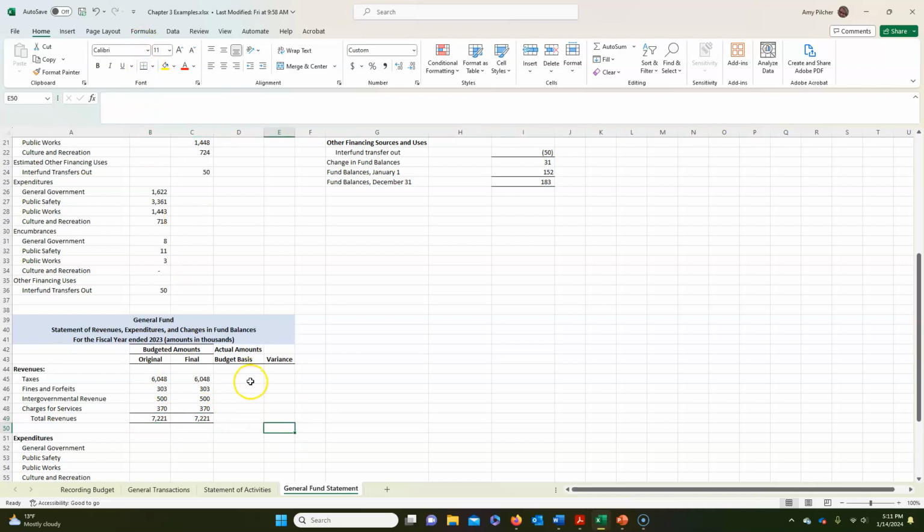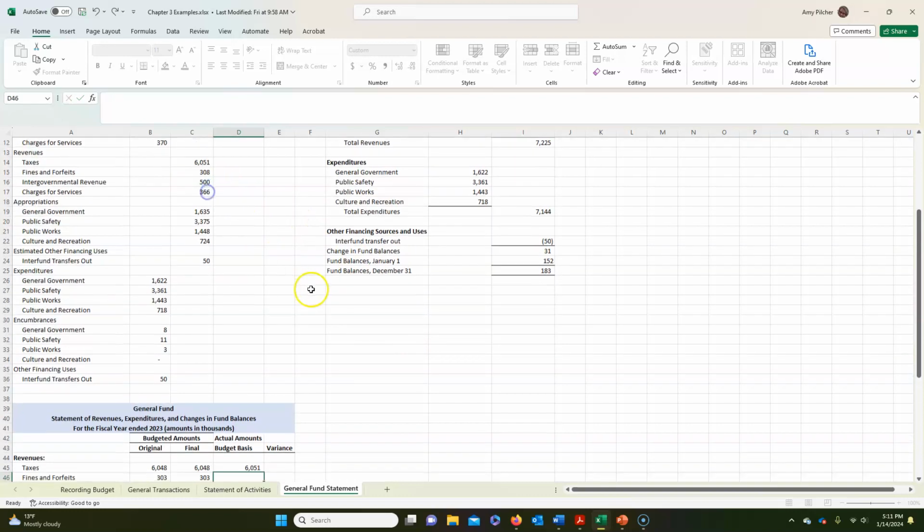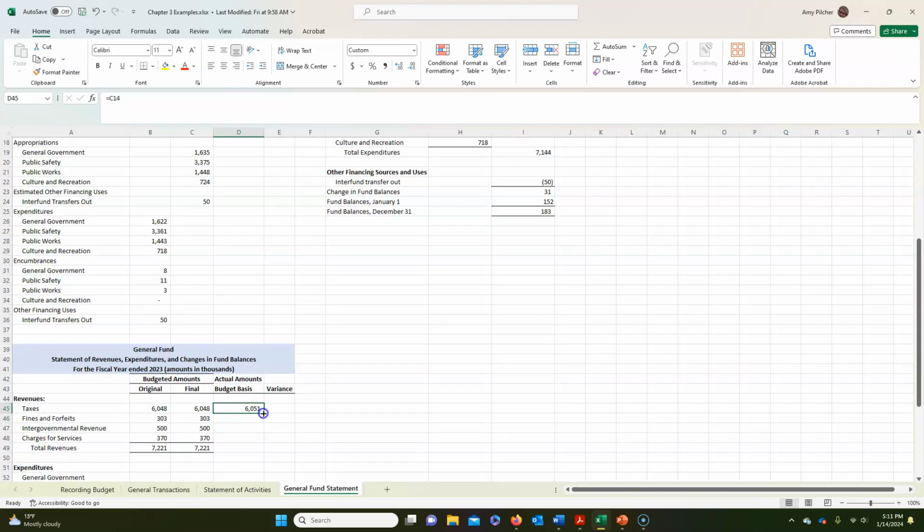Then we're going to look at what were the actual amounts. We have our actual revenues, the actual sum of those revenues. Okay.